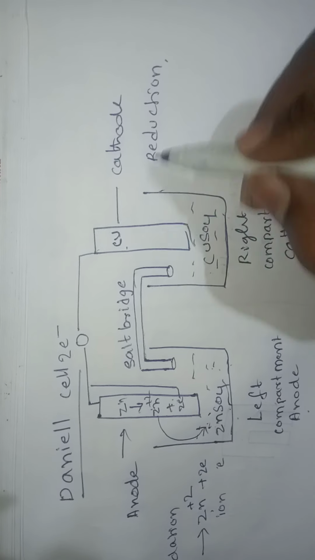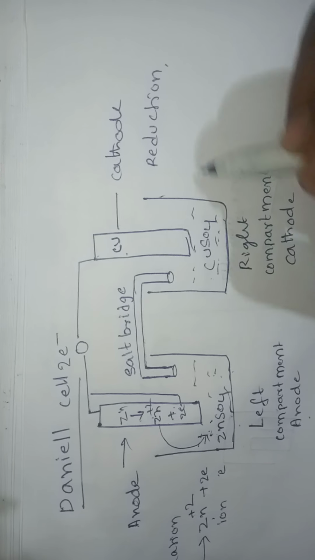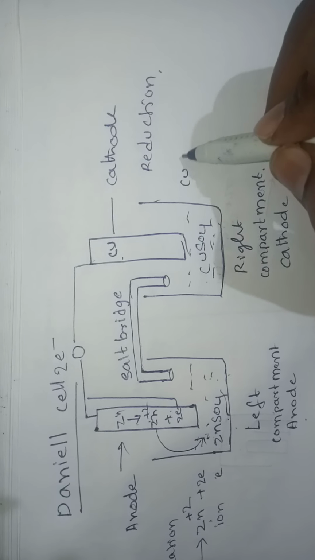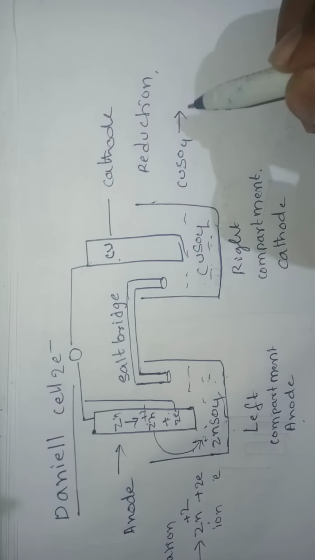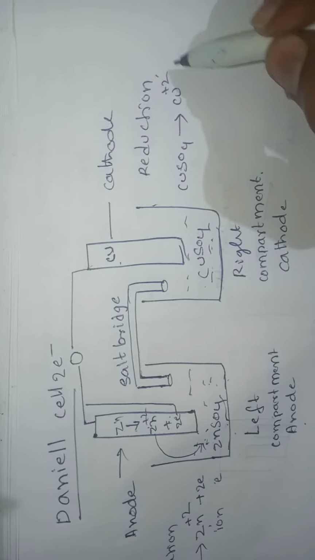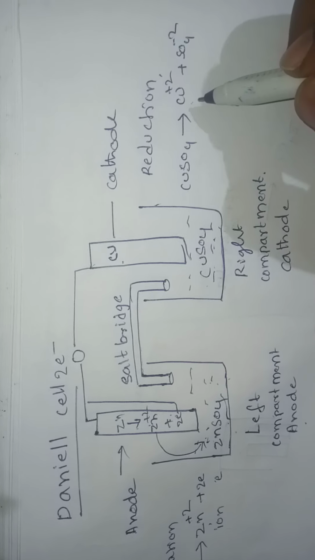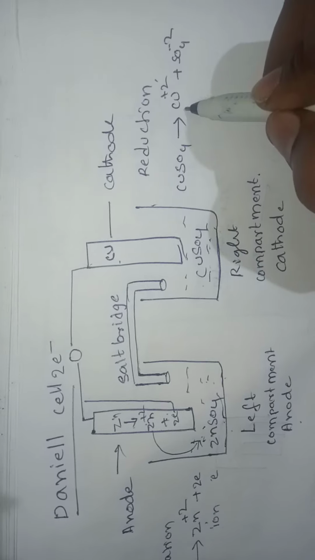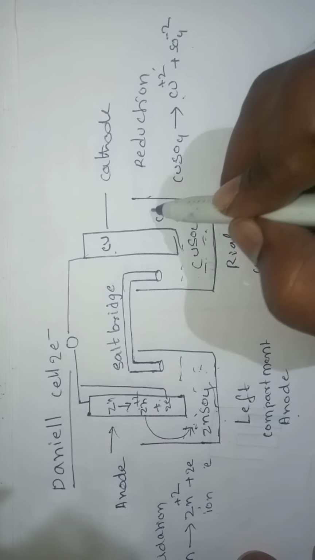So what is happening at the cathode? At the cathode, basically copper sulfate solution is present. This copper sulfate solution is dissociated, CuSO4 in aqueous medium, into Cu2+ ions and SO4 2- ions, cupric ions and sulfate ions. So here cupric ions are present.